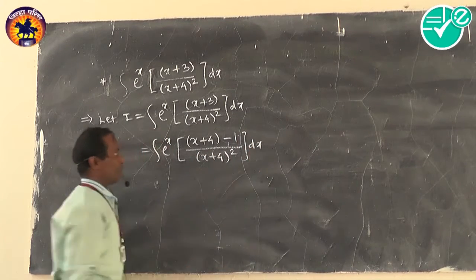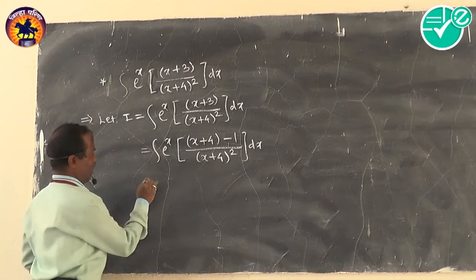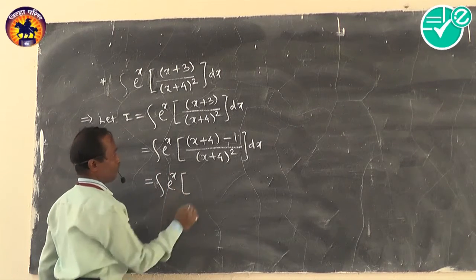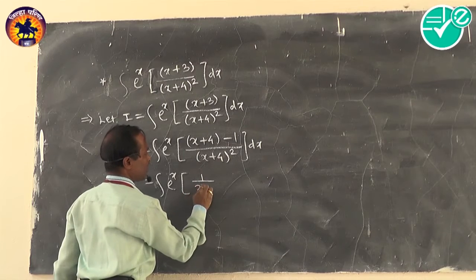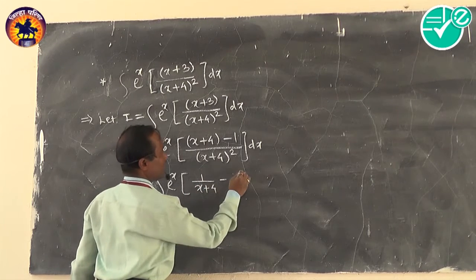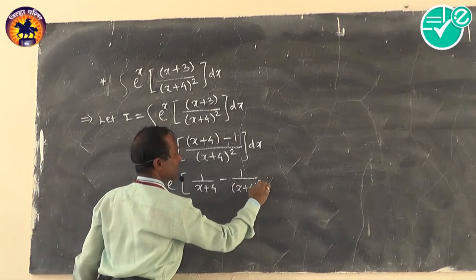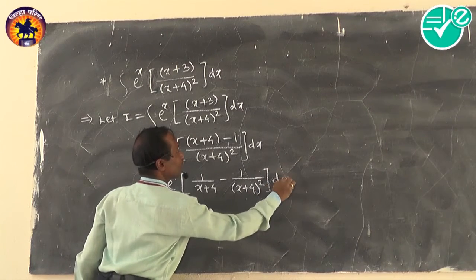Now separate the divide, we get integral of e to the power x into 1 upon x plus 4 minus 1 upon (x plus 4) whole square dx.